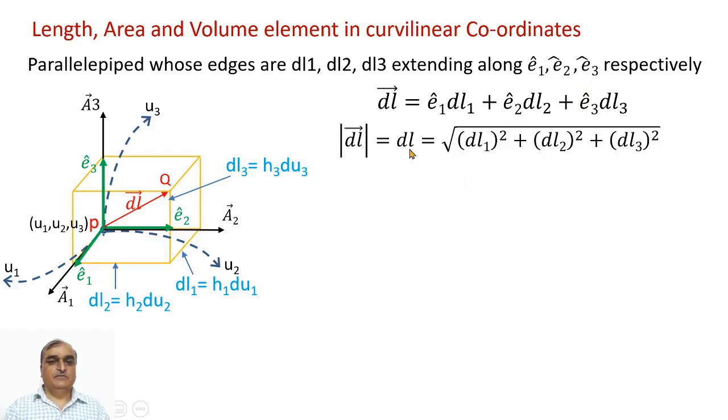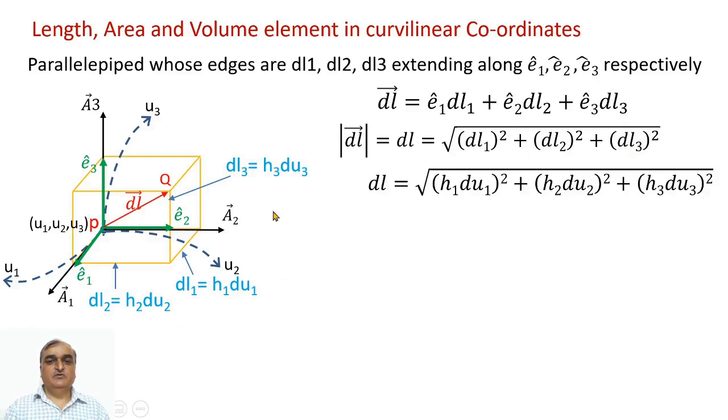Then the magnitude, the length element dl, is equal to the square root of the magnitude dl1 squared plus the magnitude dl2 squared plus the magnitude dl3 squared. This is the length element. Now we write it in terms of du1, du2, du3.